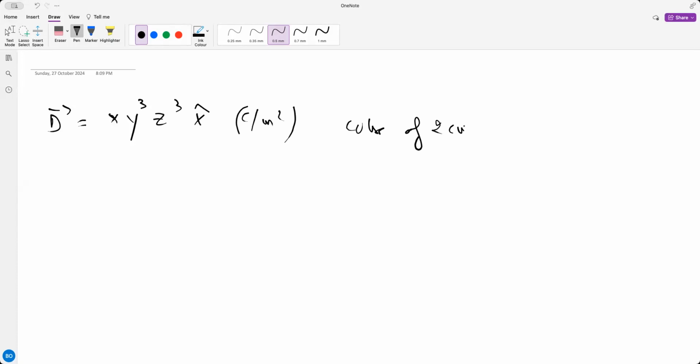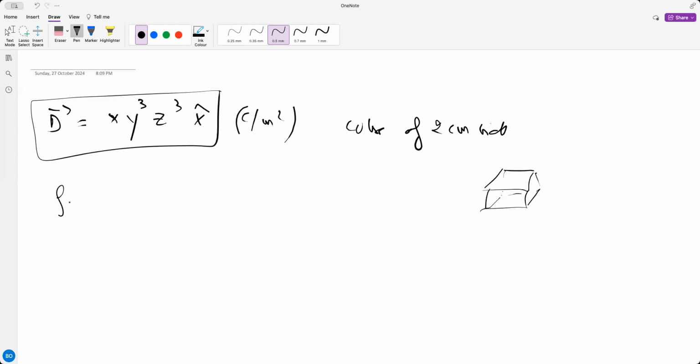So let's take the flux density of a material given by this formula, y cubed z cubed x in Coulomb per, this is the unit, by the way, in a cube of 2 centimeters side. So you have a cube, and the electric flux is equal to this formula.